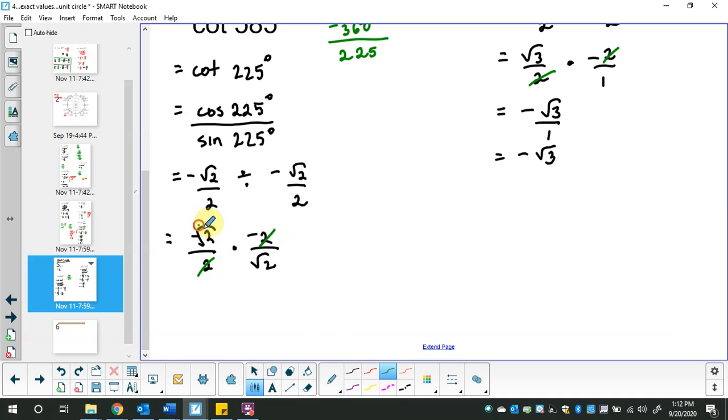Gone, gone, gone, gone. 1's left behind, so negative 1 times negative 1 is positive 1. I hope you can go straight from there to there, because this is a value divided by the exact same value, and regardless of how pretty or ugly they are, that does result in 1.